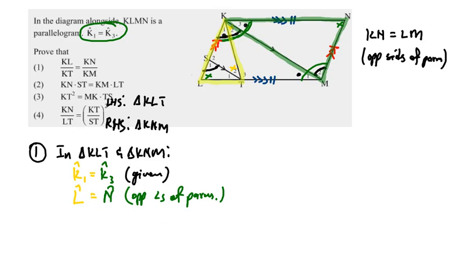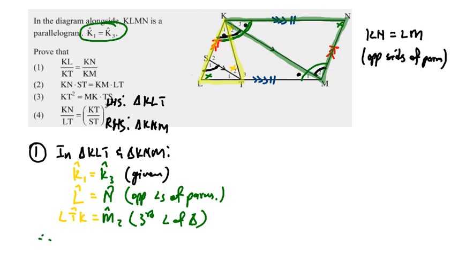Finally, the only angle that we have not talked about is the angle T1 and T2 combined. So I'm going to go for the three-letter system here and say angle LTK, because I don't want to write L1, T1 plus T2. This one will have to be equal to angle M2, and our reason is third angle of a triangle.